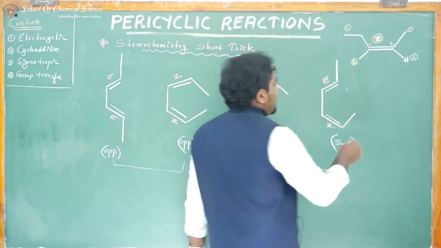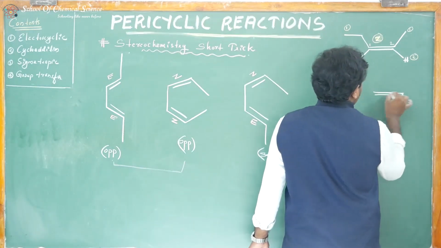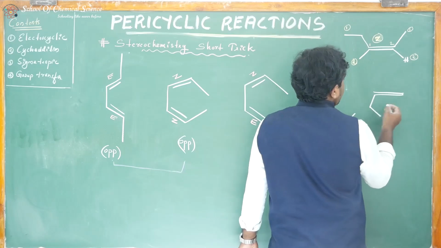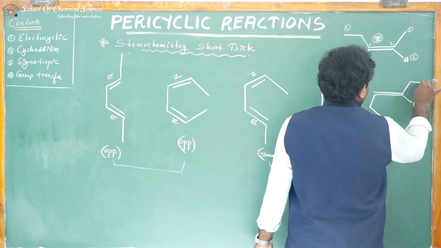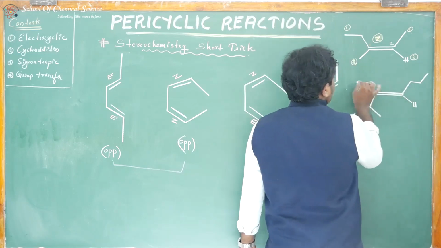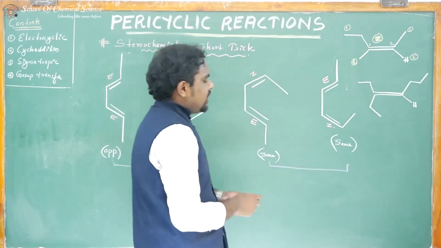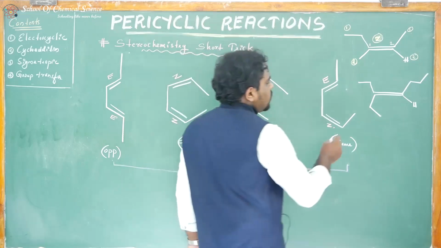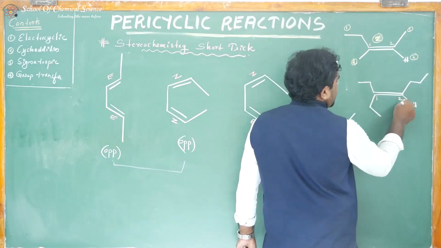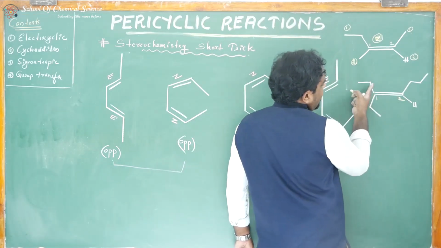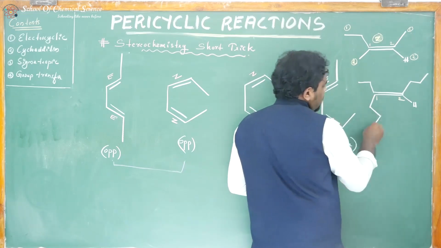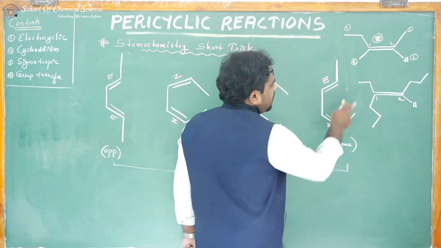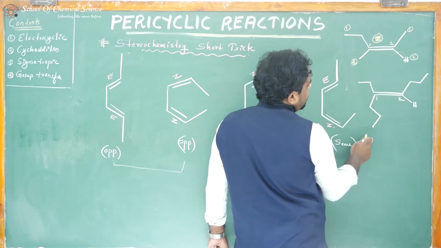Then what about this alkene? Whether this is E or Z? Here two carbon atoms are there, carbon 1 and carbon 2. In carbon 1, CH2CH3, ethyl group and propyl group.